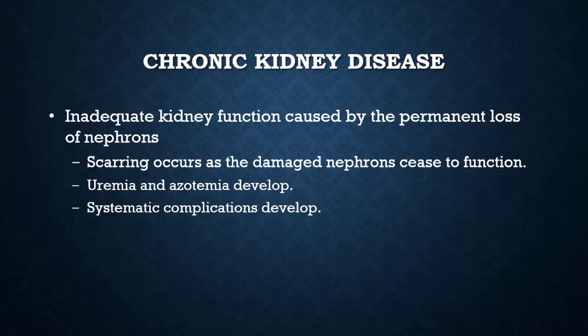Chronic kidney disease or chronic renal failure is the inadequate kidney function caused by the permanent loss of nephrons. The four pathologic processes that initiate nephron damage of chronic renal failure are the same as those underlying acute renal failure: microangiopathy, glomerular capillary injury, tubular cell injury, and inflammation or infection in interstitial tissue.